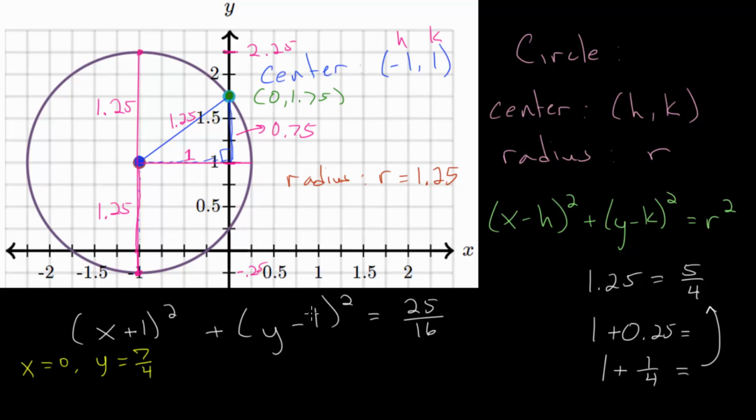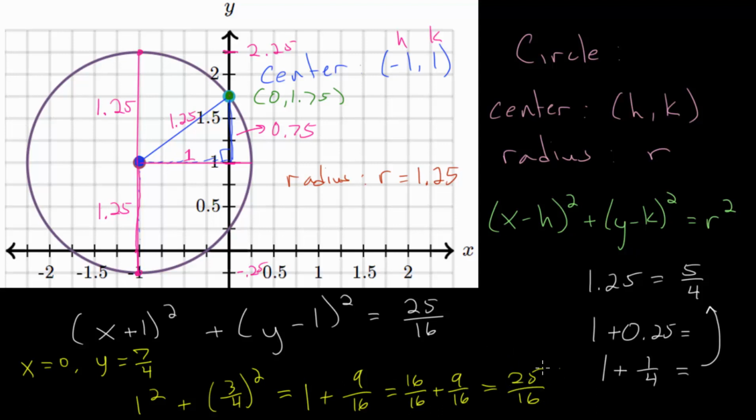If we write that as a fraction and plug both of these in, we get 1 squared here, and 7/4 minus 1, or minus 4/4, would be 3/4. Let's simplify this. We get 1 plus 9 over 16. If we give this a denominator of 16, we have 16 over 16 plus 9 over 16, and we get 25 over 16.